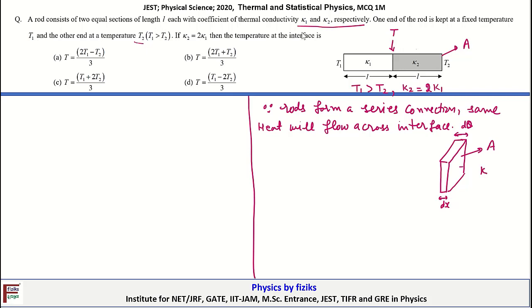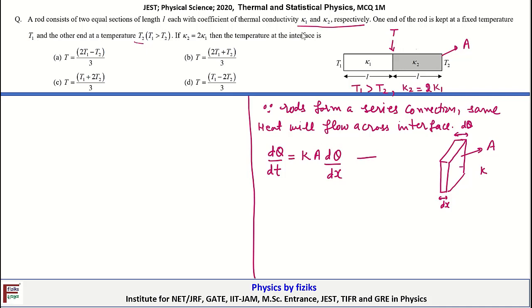In that case, the heat current dQ by dt, the heat flowing per second, is equal to K, a constant of proportionality called thermal conductivity, times the area A, since it is directly proportional to area, times the temperature difference between two faces, d theta, divided by the thickness dx.